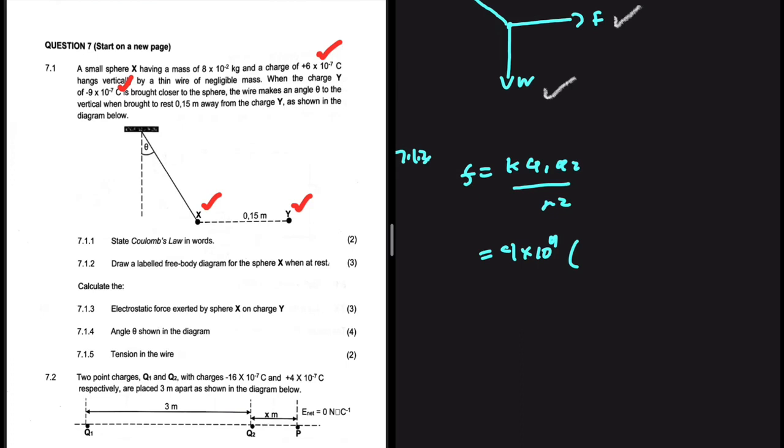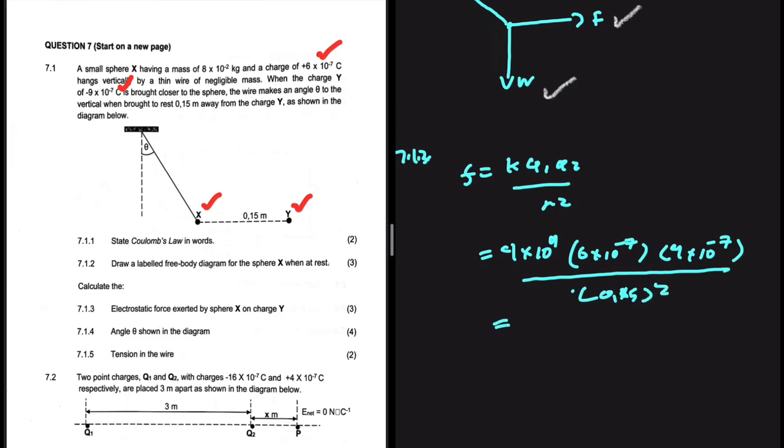Keyword: magnitude. We're supposed to only substitute the magnitude and not include the direction or the sign. So we're going to have 6 times 10 to the minus 7 as the charge of sphere X, and 9 times 10 to the minus 7 as the magnitude of charge Y, everything divided by the distance between them, which is 0.15 squared.